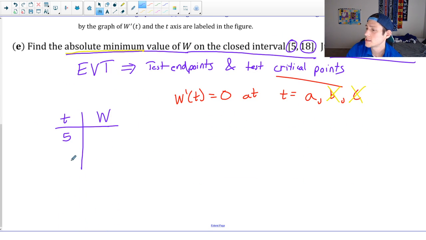So we need to test 5, A, and 18. 5 and 18 because those are the endpoints of the interval, so we always have to test those. And then A because that's the spot where the derivative is 0, and it makes sense logically that a minimum could be there.